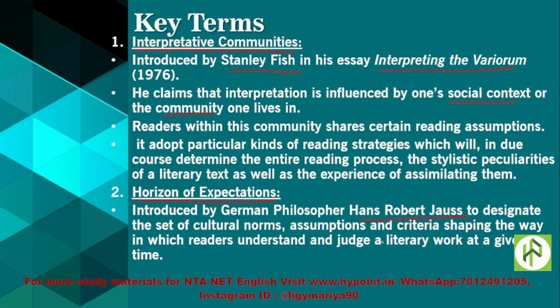The cultural aspects of a reader, assumptions of a reader, and also many other perceptions that the reader has, social or personal, all these things act as criteria in shaping the way in which the reader is understanding and judging a literary work.